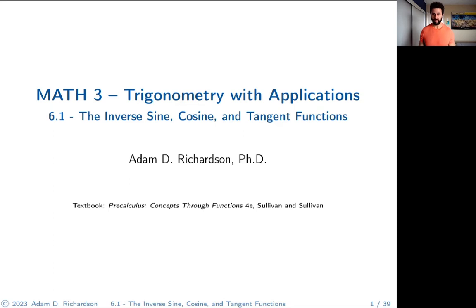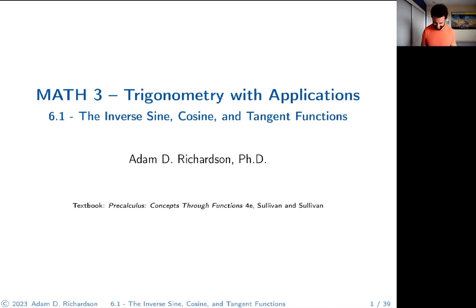For now, let's get started with 6.1, and we're going to learn about the inverse sine, cosine, and tangent functions, but also the other ones: the inverse cosecant, the inverse secant, and the inverse cotangent functions.